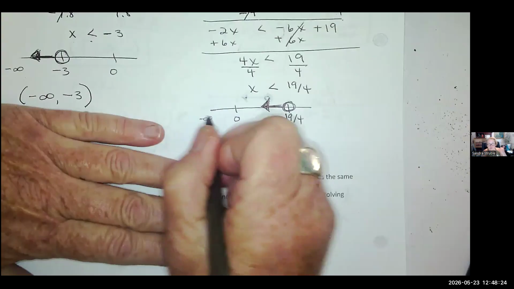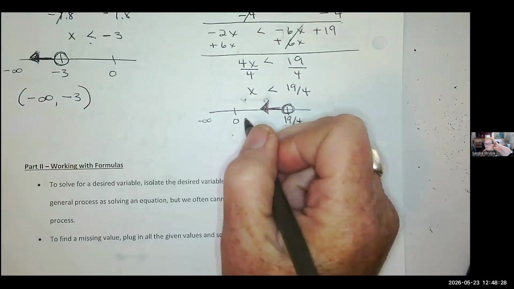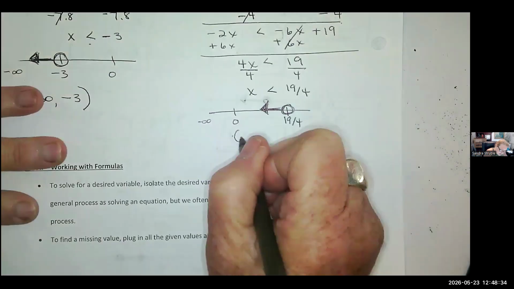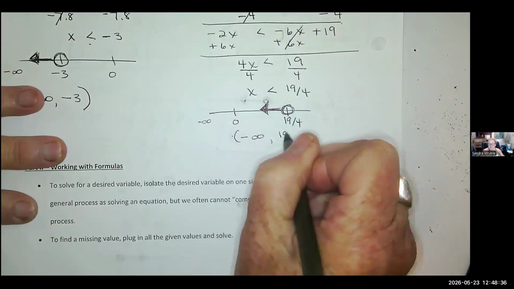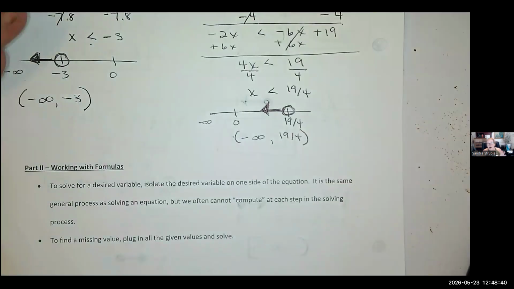I don't care that the arrow is pointing to the left. It's when you're reading it as coming from the left. What's the furthest number to the left? And that's negative infinity. Coming up to 19/4, it is not included because of the circle and because there's no equal sign.